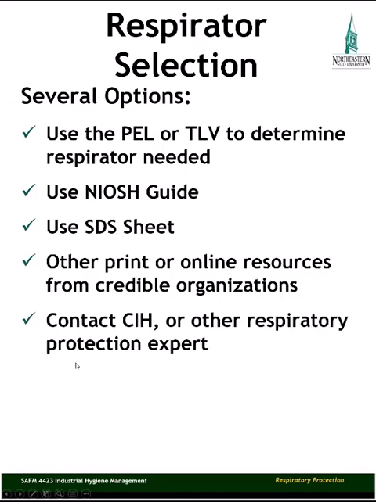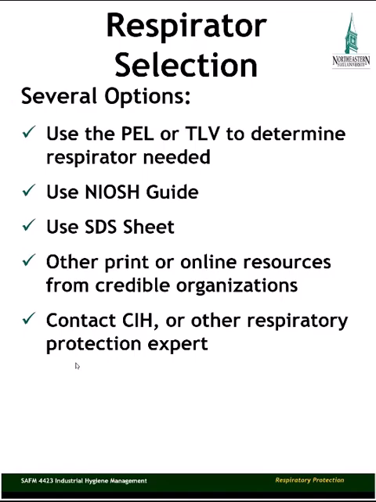You might run into situations, though, where you can't figure it out. And you want to make sure you're making the best decision for your workers. So in that situation, you contact a CIH or other respiratory protection expert. A CIH is the best, that's the highest level of industrial hygienist. That's a certified industrial hygienist. It's very difficult to become a CIH.